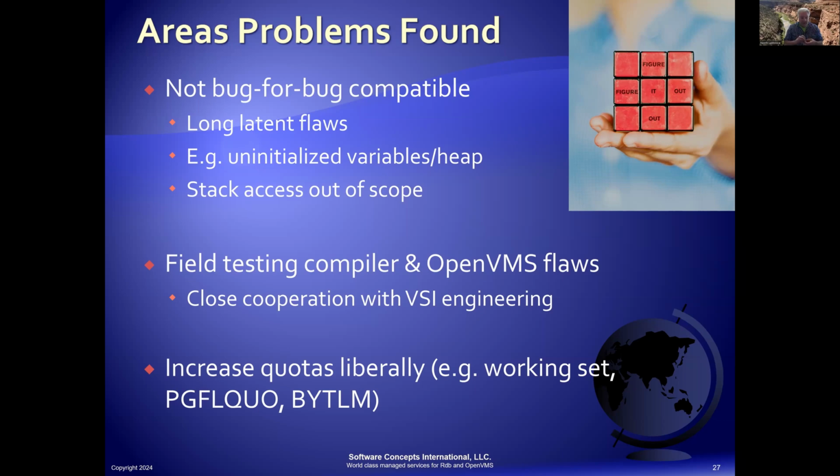And at least one example was a 30-year-old bug. Increase your quotas. It's not 1982 anymore, so just throw more memory at the problem. Your working set, page file quota, BYTLM, things like that.